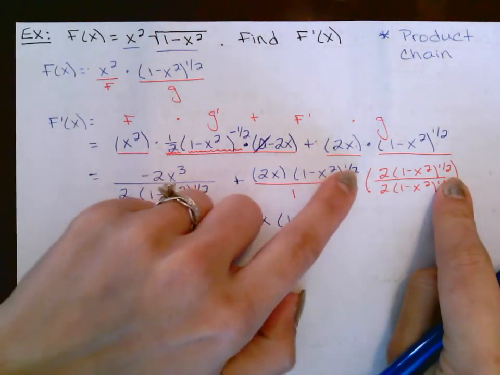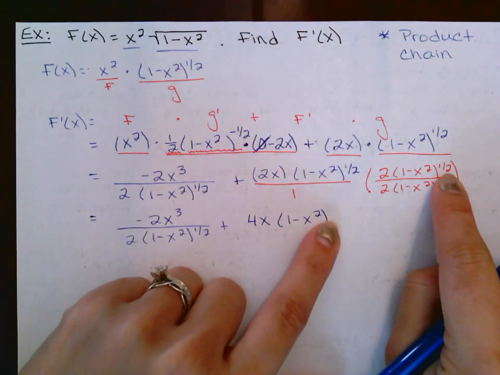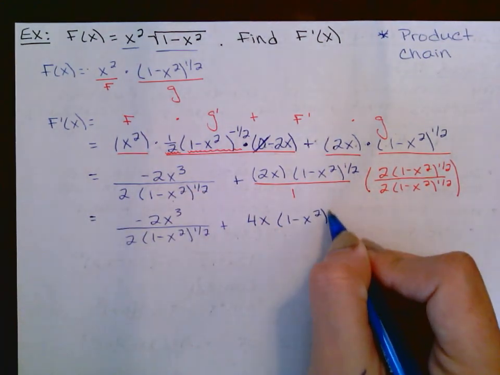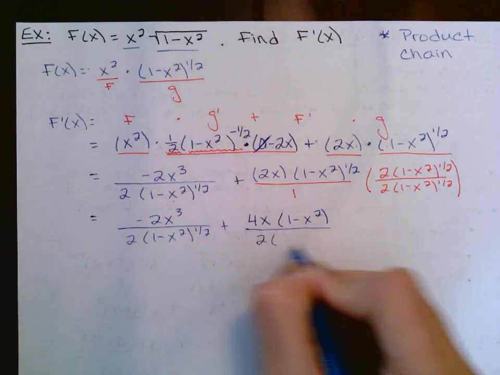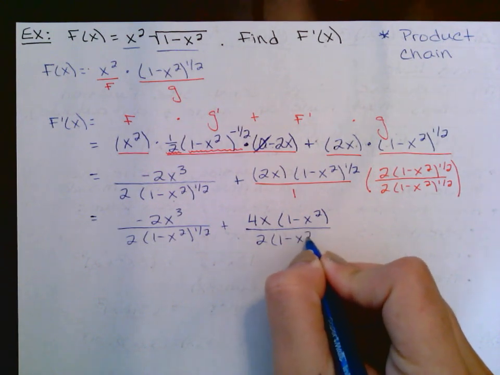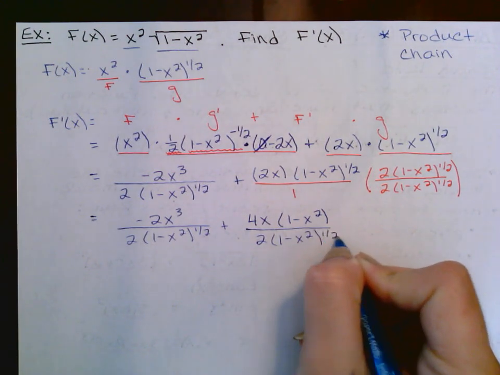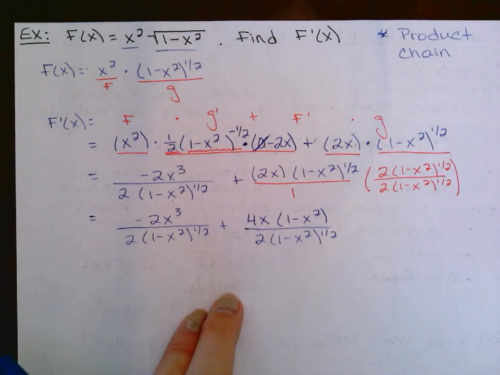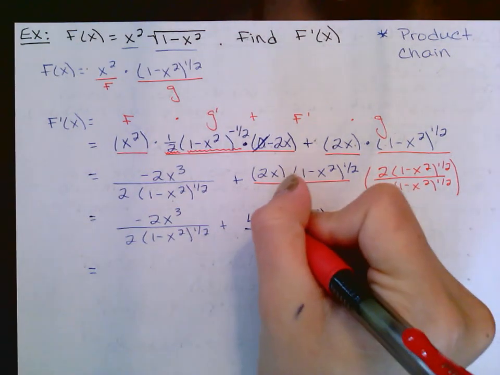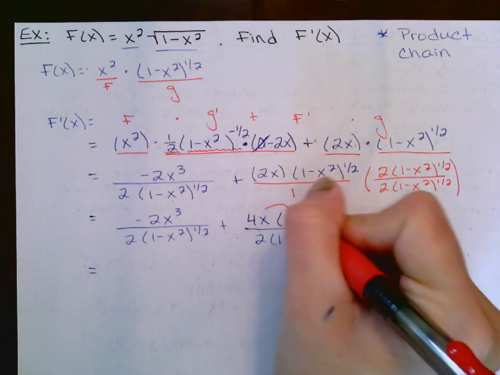and then I'm going to add the exponents, and a half make a whole. I don't need to make, I mean, I could put a 1 there if you want to see it, but you don't need to write that 1. All over 2 times 1 minus x squared to the 1/2, okay? Now that I have the common denominator, I'm going to write it together as 1. And then I'm going to start combining the numerators. I'm going to distribute this for x.